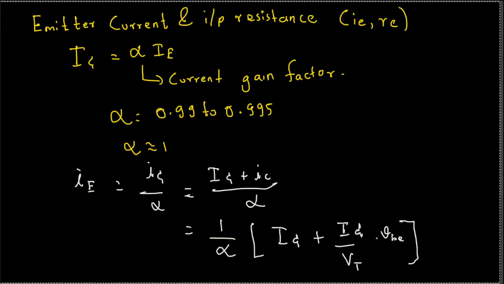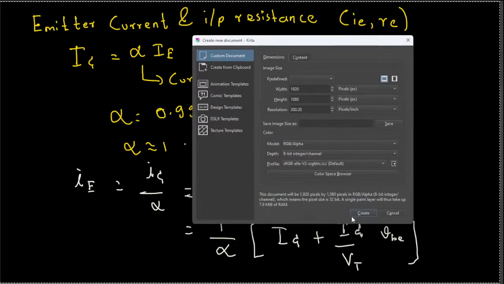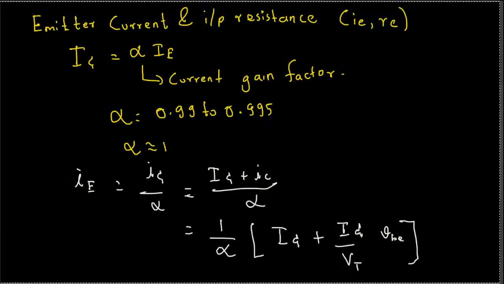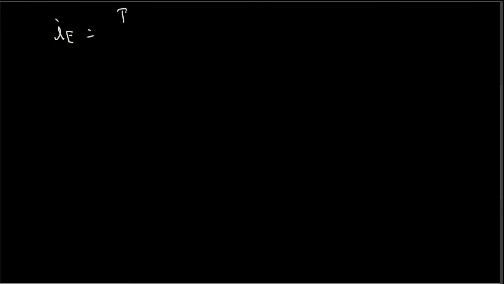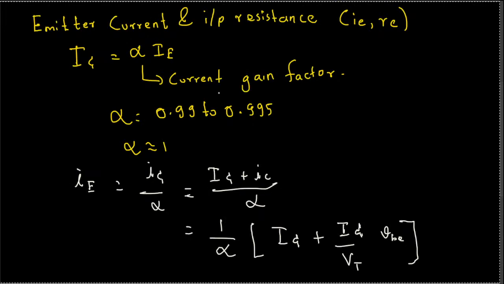Now if we multiply everything, we get an equation that looks like this. The total emitter current IE is equal to IC over alpha plus IC over VT times VBE.